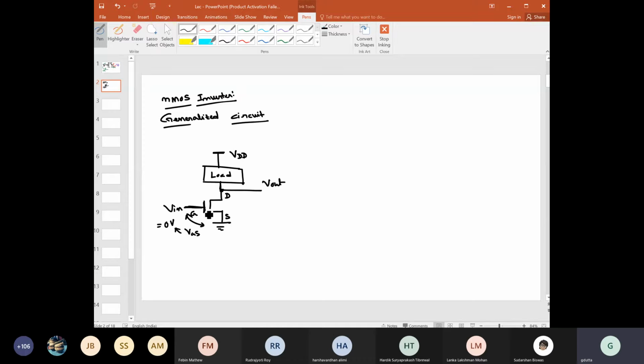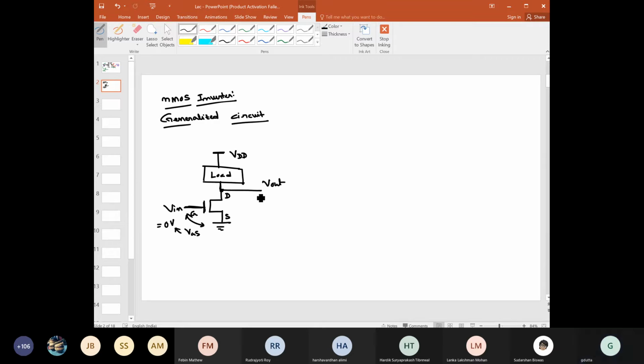Between the gate and the body there is an insulation, right? Due to the presence of the oxide layer. So no current can flow from this gate terminal. No static current, I am saying. Dynamic current can flow. So the static current flowing from this output is 0, right?